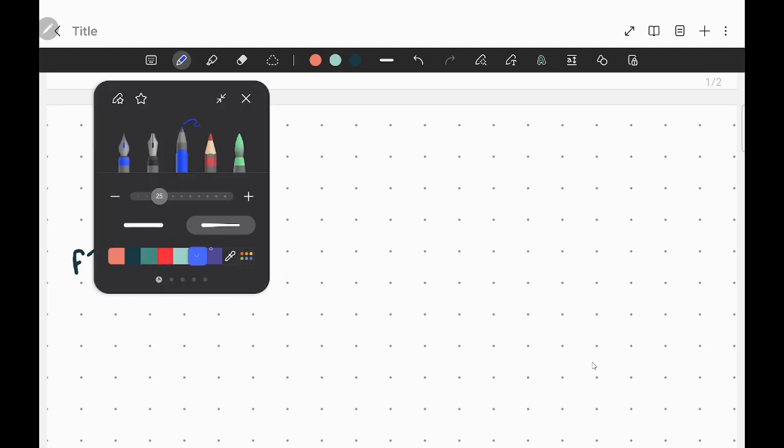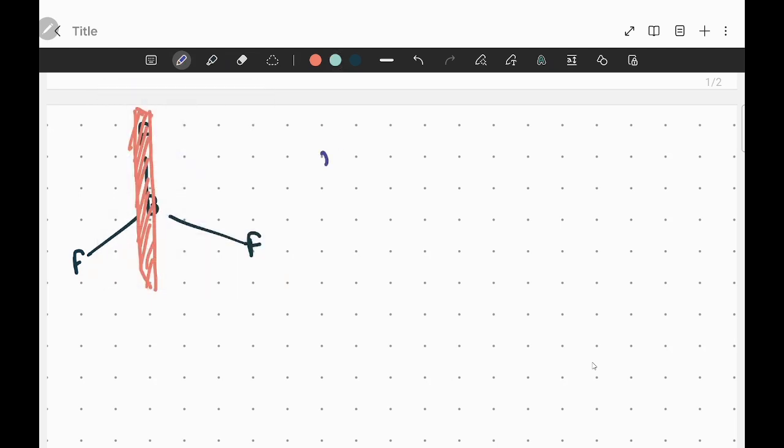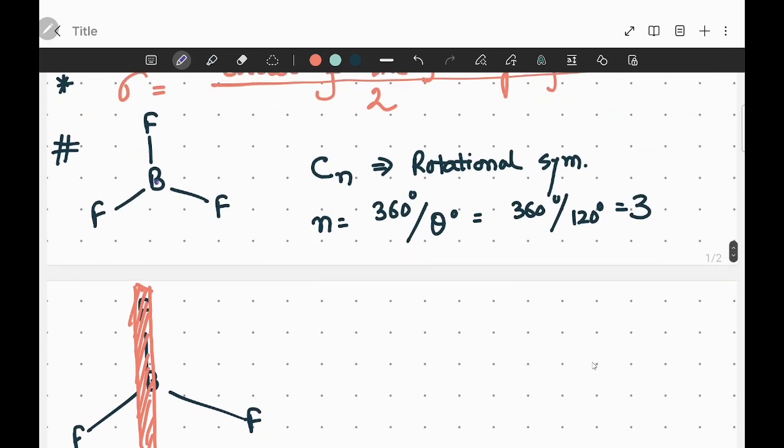This sigma is the plane of symmetry. So you will have 3 sigma. But there are two kinds of sigma. If you remember, what was our symmetry axis? The symmetry axis should be in this way, perpendicular to this plane. You are rotating the molecule, but around which axis, that you have to find out now. So that axis should be in this way.